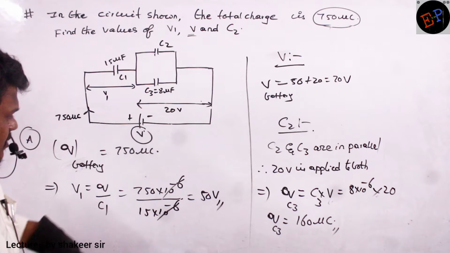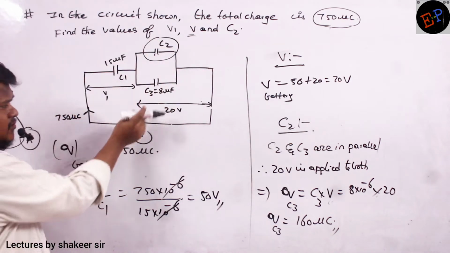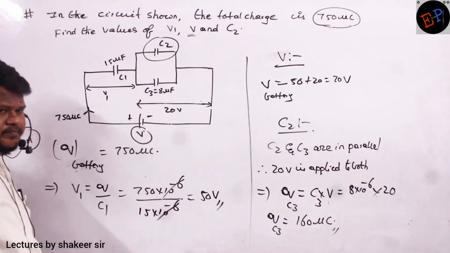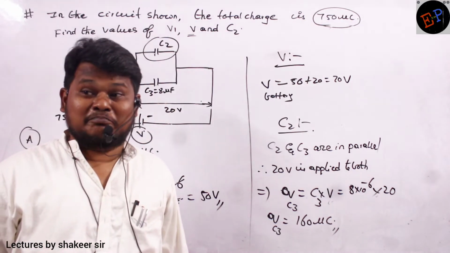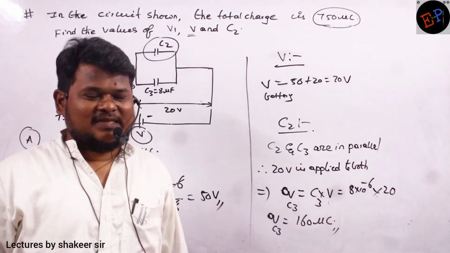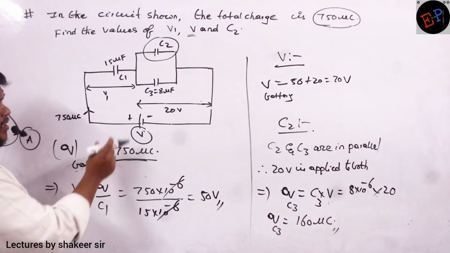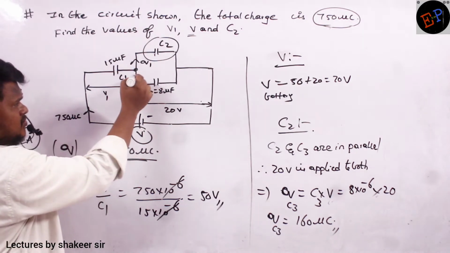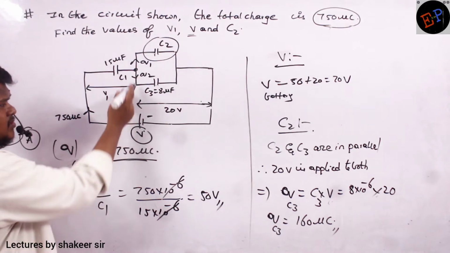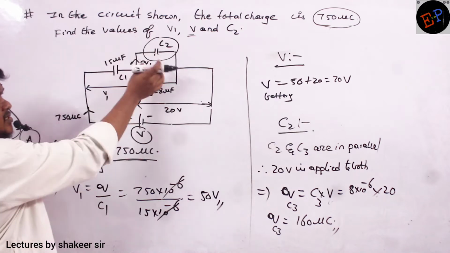Then how can you find the charge stored on C2? First of all, why did I calculate the charge on C3? See, the total charge supplied is 750, and when it reaches here it splits into two branches. Q3 I have calculated: it is 160. The remaining charge will be present in C2.